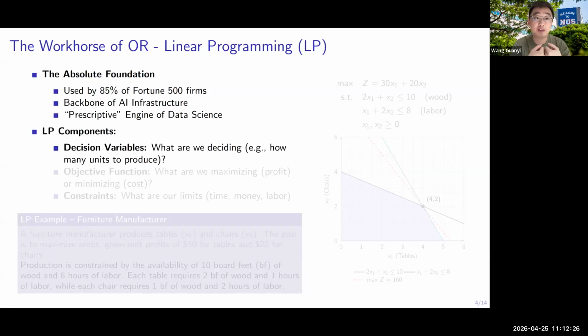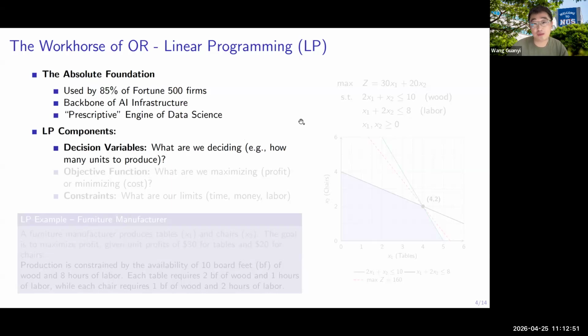Then we might ask, if we want to learn linear programming, what components does it have? The linear programming has 3 major parts. The first part is its decision variables.